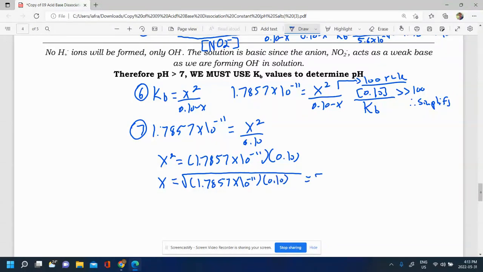And this is also the concentration of the hydroxide, which is what we want in our table. So times 0.1, square root of that, we get 1.336, and there's more digits, times 10 to the power of negative 6 molar for the hydroxide.